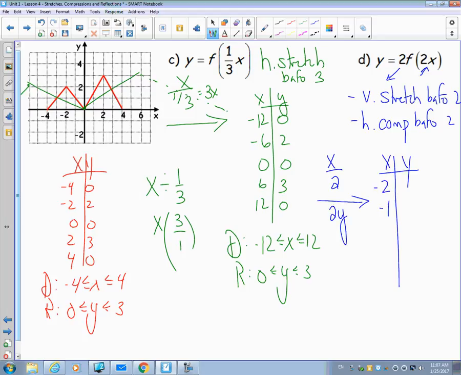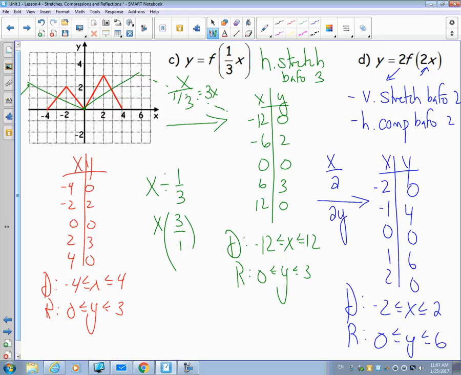So -2, -1, 0, 1 and 2. And double the y's, 0, 4, 0, 6, 0. Let's do our domain right now, so half the x's. And let's do our range, double the y's, and hopefully that will match our picture.